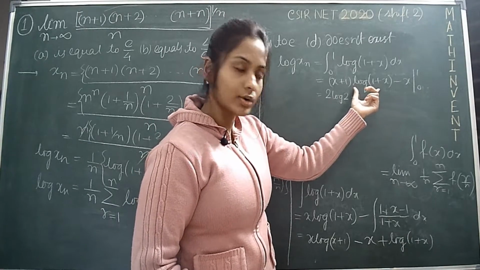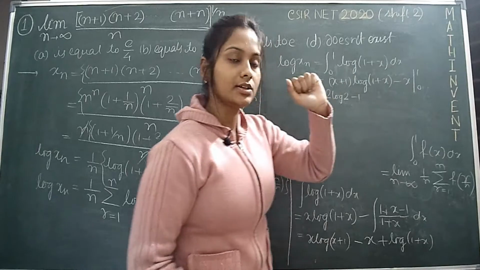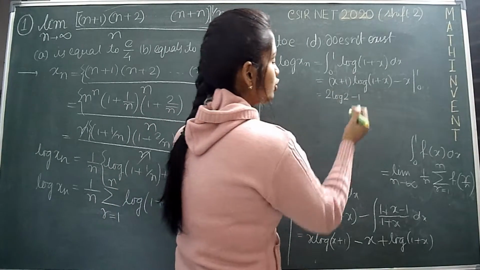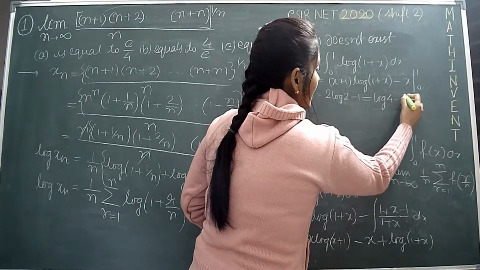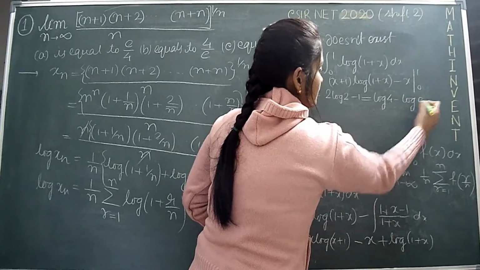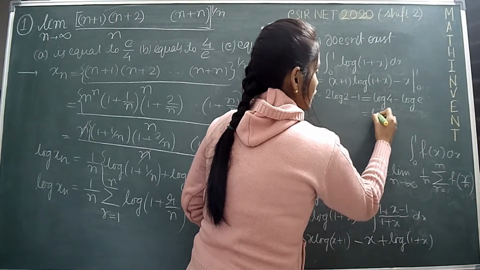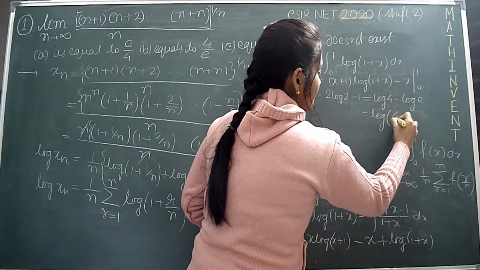The value of log 1 is 0, and here we will get 0. So 2 log 2 minus 1 can be written as log 4 minus log e, which can be written as log of 4 by e.